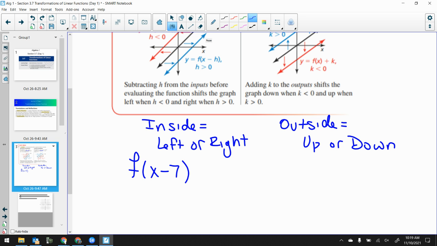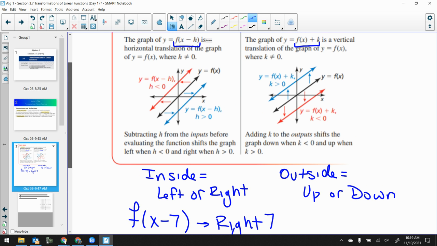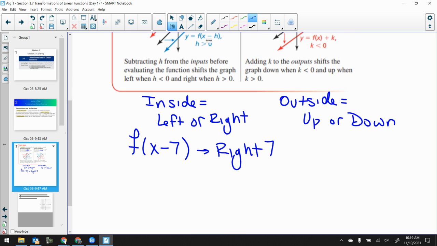It's actually a right 7. Isn't that weird? It's actually the opposite of what our intuition says should happen. This is actually a right 7. The reason that's happening is because in our initial equation, it was f of x minus h. So the h value is actually a positive 7.